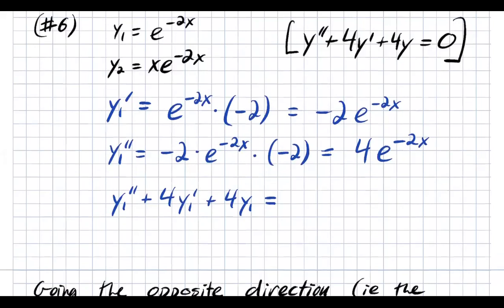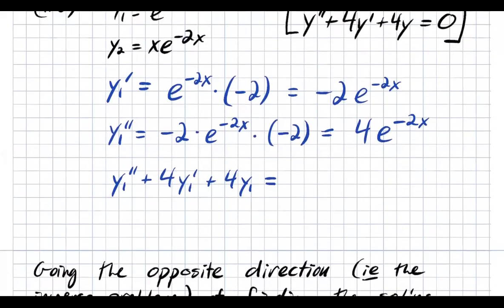I'm plugging y1 into this differential equation. So what do we get? y1 double prime is 4e to the negative 2x. And then we're going to do 4 times y1 prime, which is negative 2e to the negative 2x.